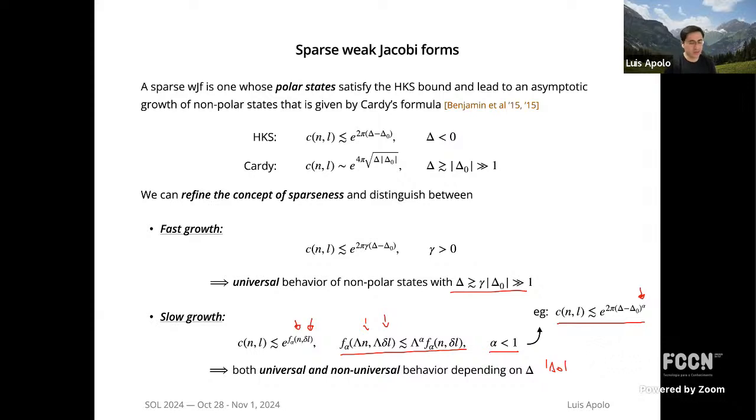So there will be regimes where the corrections are going to be universally determined just by the ground state, and there will be regimes where the answer is not going to be universal. It will depend on the particular details of the spectrum, okay? And that will turn out to be important to reproduce the log corrections of the black holes that I mentioned before.